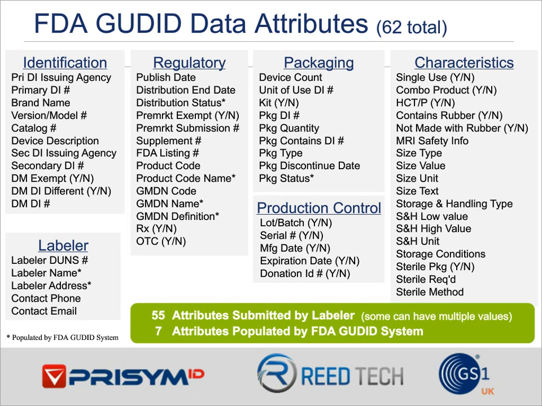The categories we see in front of us relate to the product identification, the labeler, regulatory information, package information, how you do any production control on your product, and some characteristics relative to your product. This is a data set that could be problematic to pull together because it has never really been needed in one spot before.